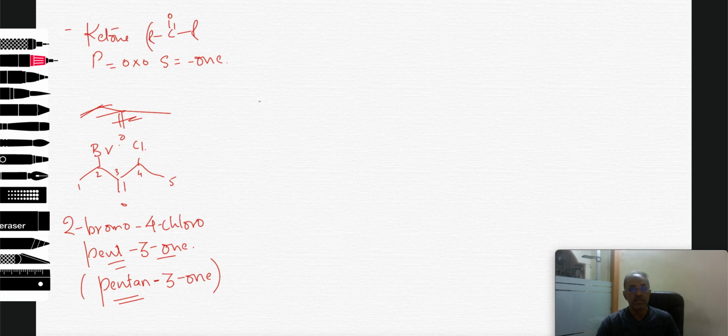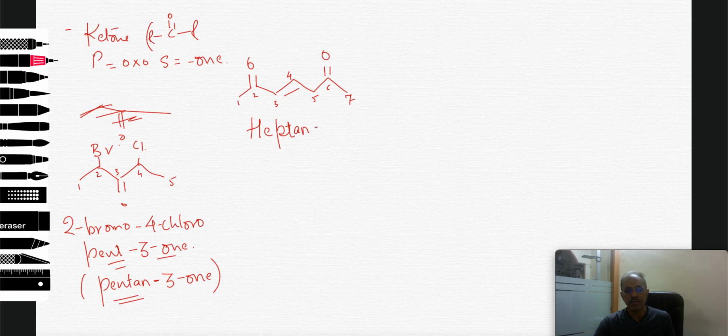Fine. Now we'll see then another example. A double bond. O. Fine. So the naming will be 1, 2, 3, 4, 5, 6 and 7. It is heptane.